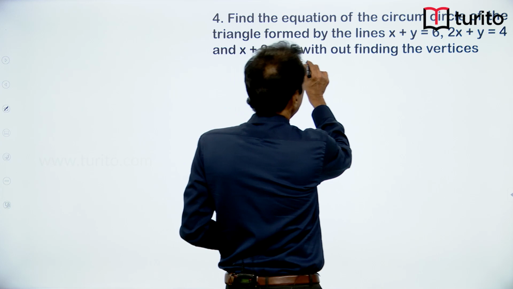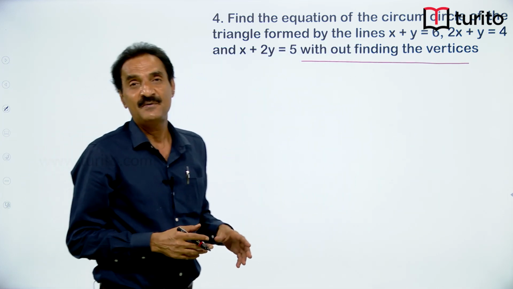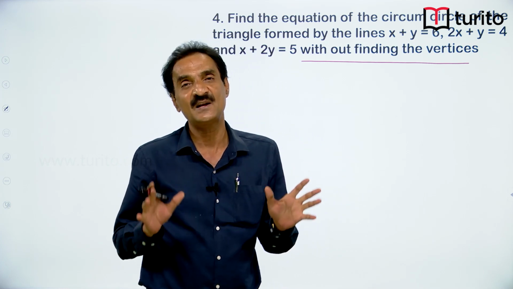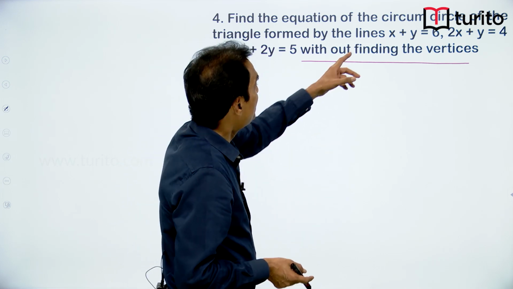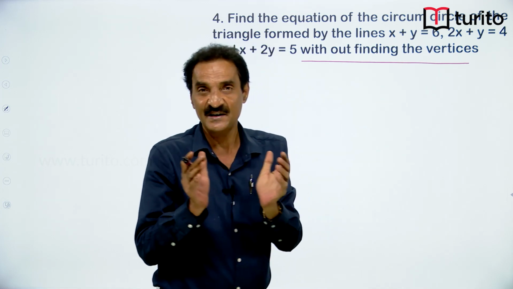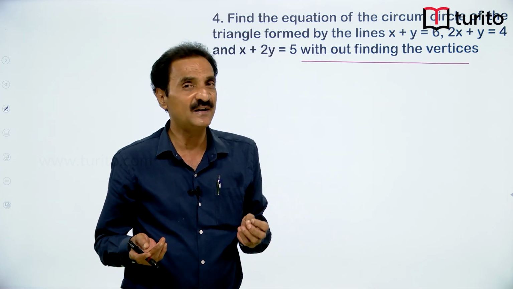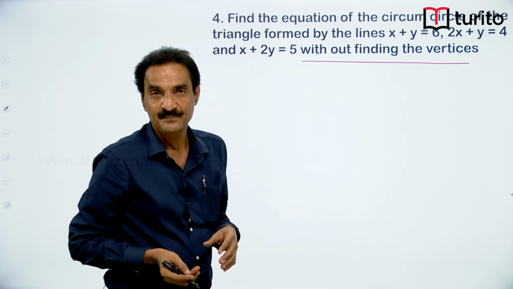This is very, very important, because already in the previous class we discussed how to find the equation of the circle when 3 points are given. I explained 3 methods. So, by finding the vertices, means by solving the equations and getting the 3 vertices, you can find the equation of the circle, but that is very long and that is not allowed also in the question.